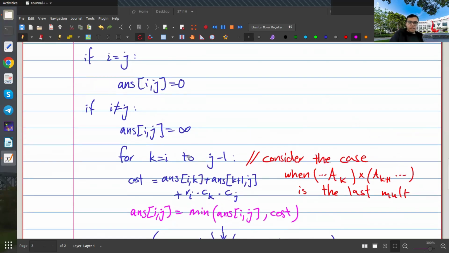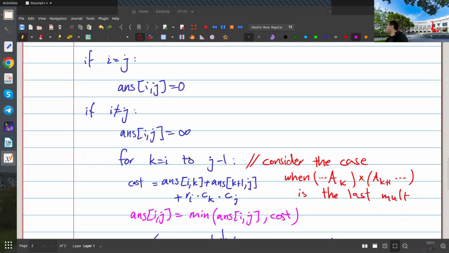And again, here I'm not really talking about the order in which I'm going over my subproblems. I'm just saying for every subproblem, how I can find the recurrence relation. What is the ordering that I have to look at? Well, whenever I'm trying to find ans ij, I need ans ik, and I also need ans k plus 1 j. But these are, again, substrings that are shorter than the original string.